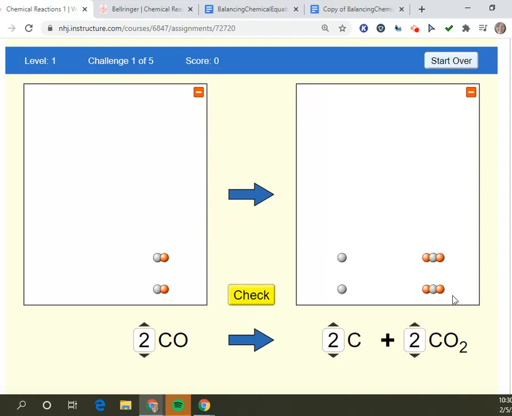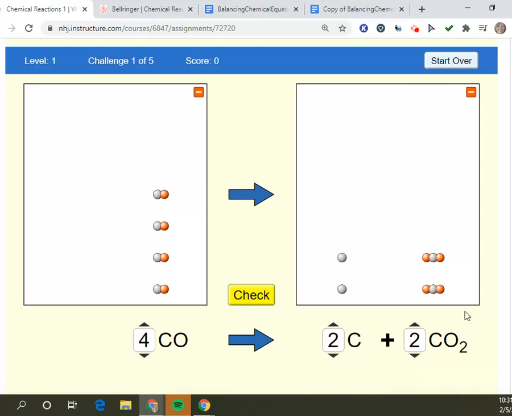So we had 1, 2, 3, 4 oxygens, 1, 2 carbons. We have 1, 2 carbons. Oh, wait. We have 4 carbons on the product side. So 1, 2, 3, 4 carbons. Now let's count them all again. 4 times 1 for carbon is 4. We have 4 carbons over here. 4 times 1 oxygen is 4.